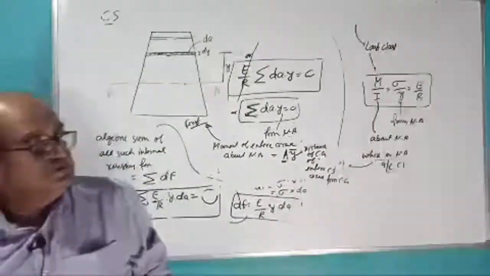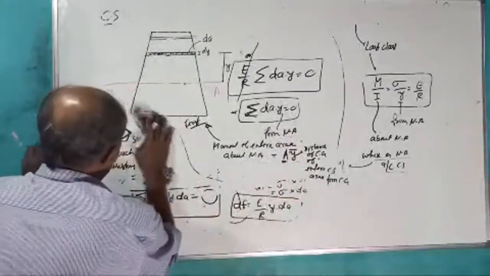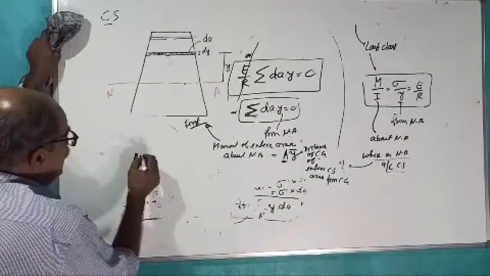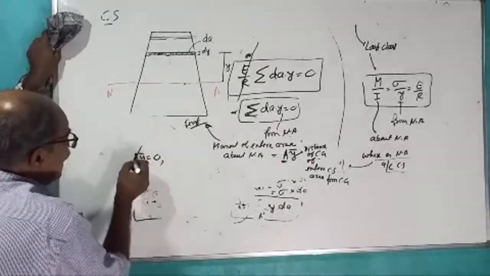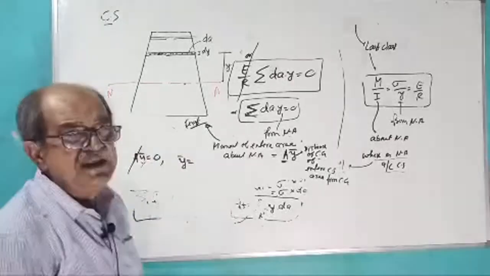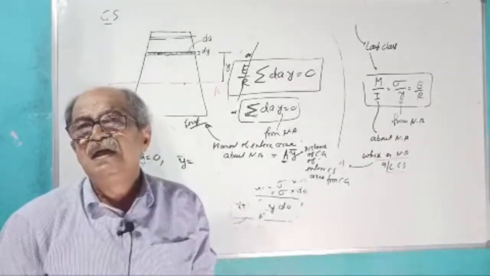Yes. Now, this is equal to 0. Why? Therefore, what you get? Therefore, A Y bar equal to 0 means what? Area can't be 0. Y bar equal to what? Distance of CG of the cross section from neutral axis equal to 0.